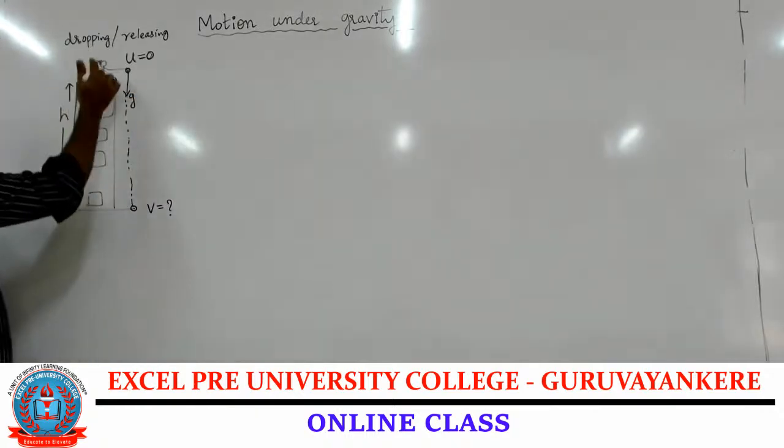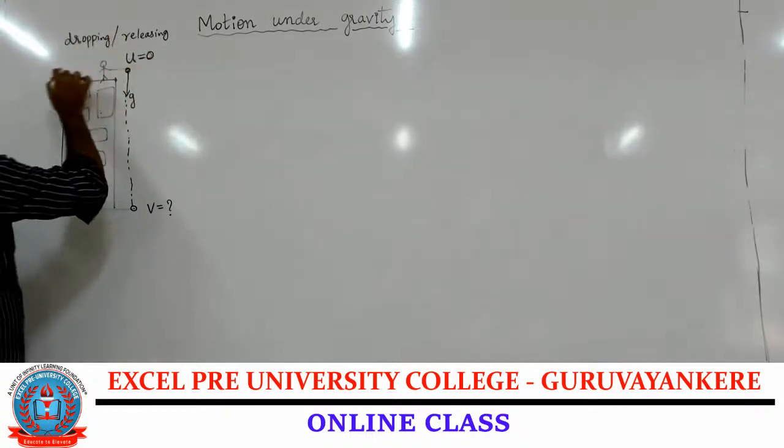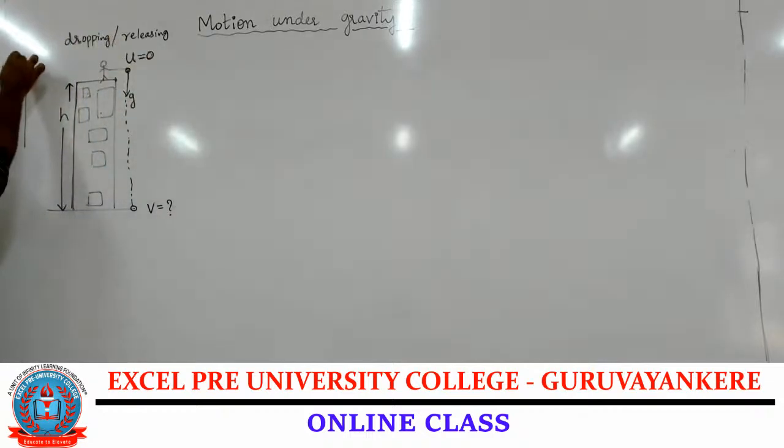Here the displacement is along the y-axis. If I take this as the y-axis, this will obviously be the x-axis. When it is coming down, the value along the y-axis decreases, so it is along the negative direction of the y-axis.